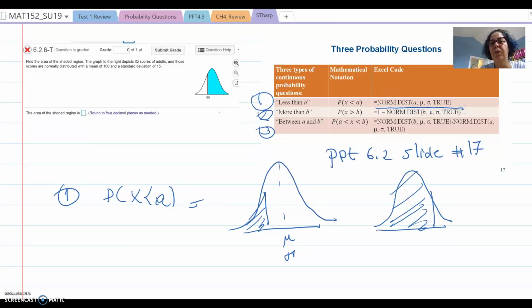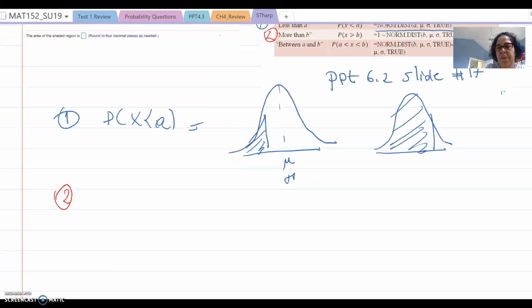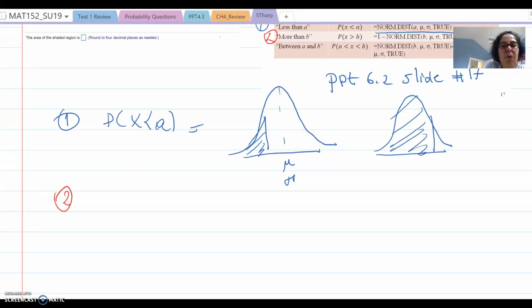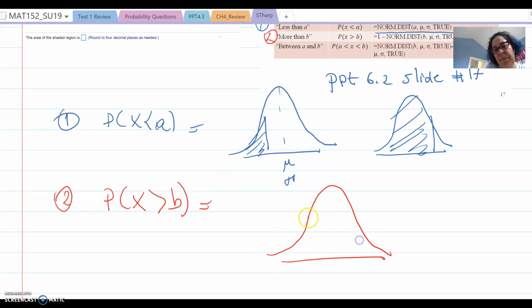Okay, so for number two, let's color code them. Number one, and that will be number two. Number two, which is your problem, is more than B, so the probability of X is a value greater than B. So it is a shape like this.